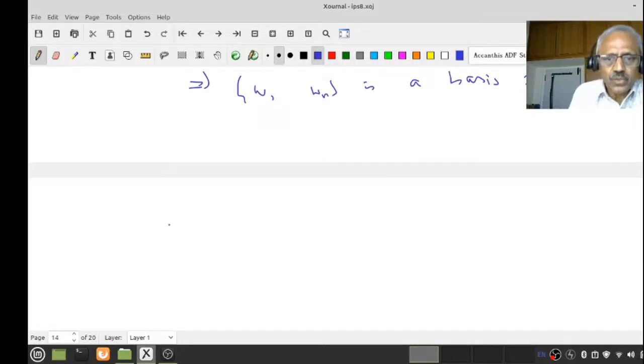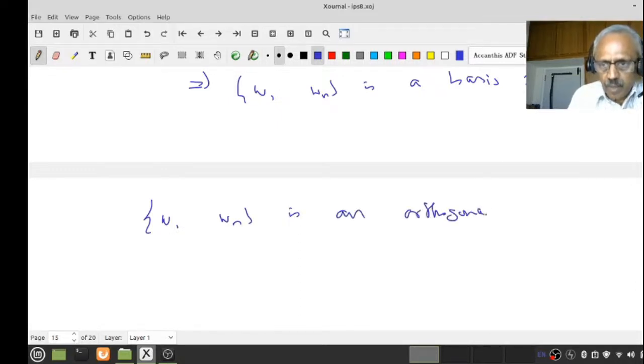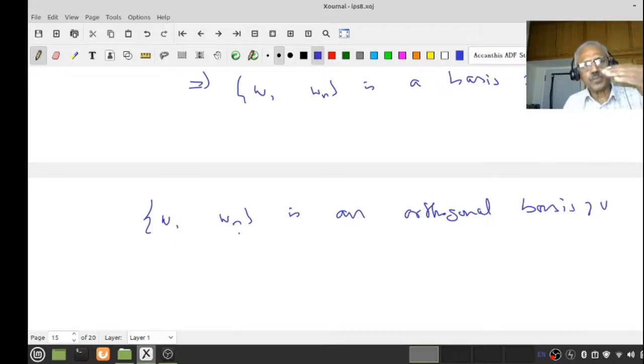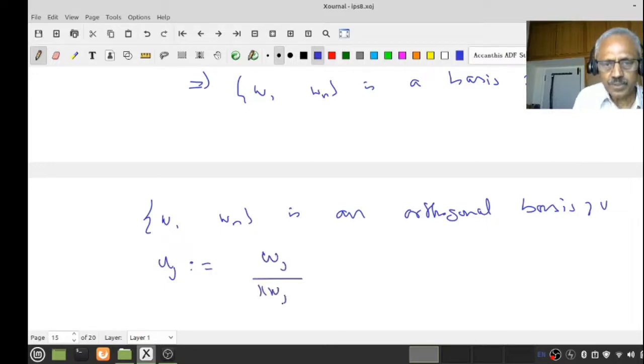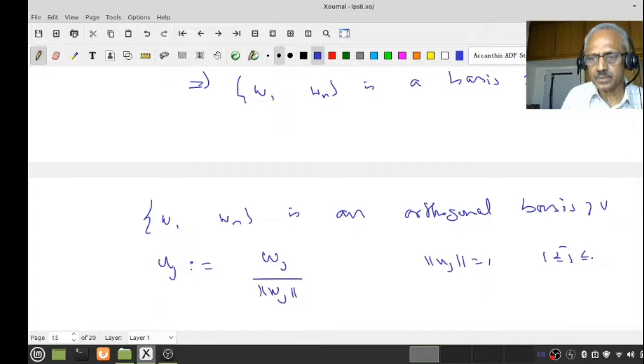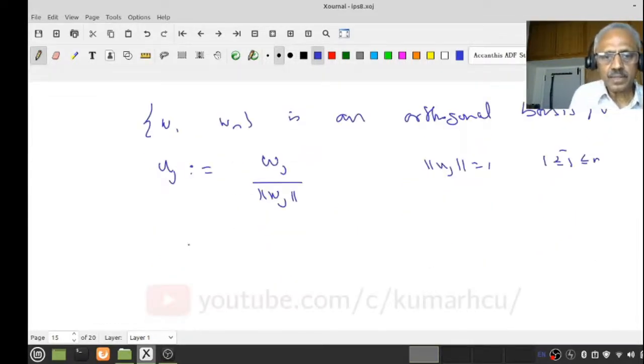So what do I know about this? w1 to wn is an orthogonal basis. Now how do I get orthonormal? Remember, these are all basis elements, therefore the wj are non-zero, therefore define uj to be wj by the norm of wj, right? Then the norm of uj is always 1 for 1 less than or equal to j less than or equal to n. And what do I know about the inner product of uj and ur?